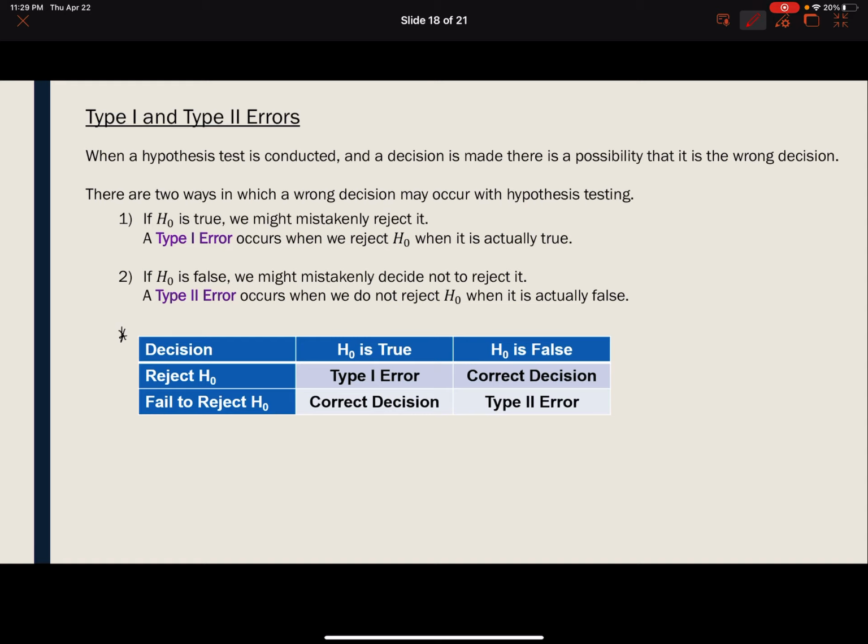But if we reject the null and the null is actually false, then we made the correct decision. If we fail to reject the null and the null is true, then again, we've made the correct decision. But if we fail to reject the null and it turns out the null was actually false, we've made a type 2 error.